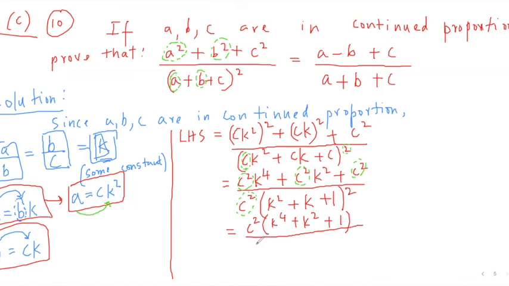Divided by C squared into K squared plus K plus 1 the whole squared. Yeah, is that fine? Left hand side. Yes, sir. The C squares, of course, get cancelled. So you're only left with those two terms.